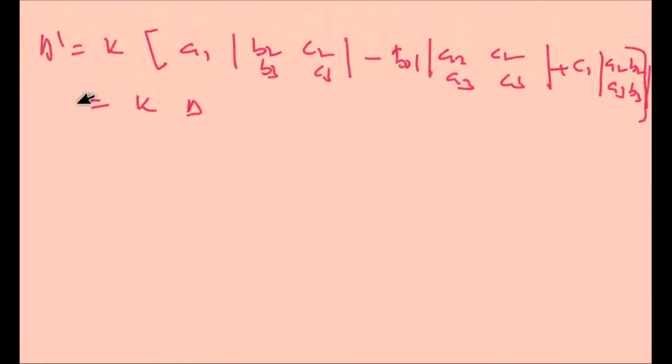Hence we can see, if we multiply any row or any column by a constant, then the value will be multiplied by k.